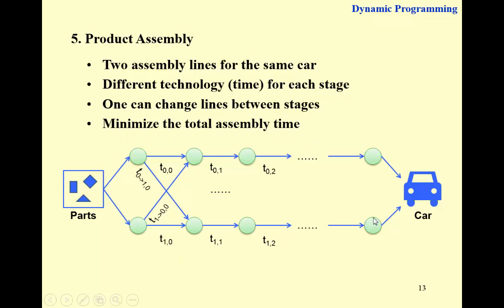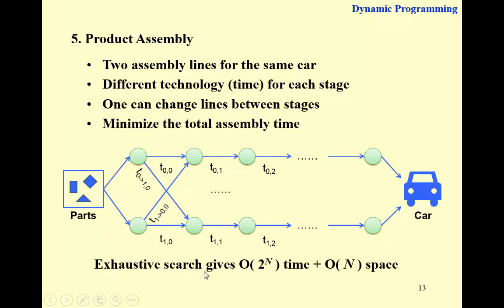So what about an exhaustive search? Well, we say the exhaustive search gives exponential time plus a linear cost of the space. The linear cost of space is not avoidable because we have to save those times anyway, right?